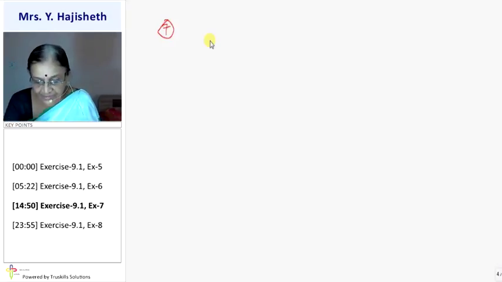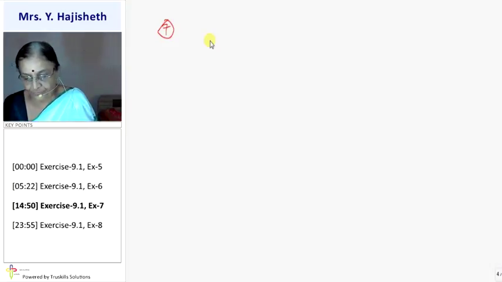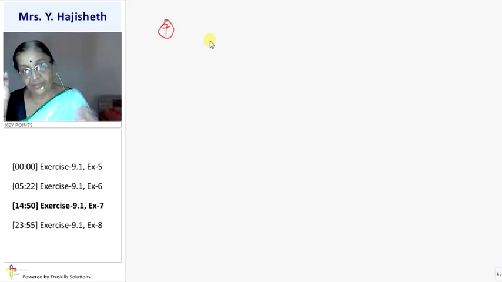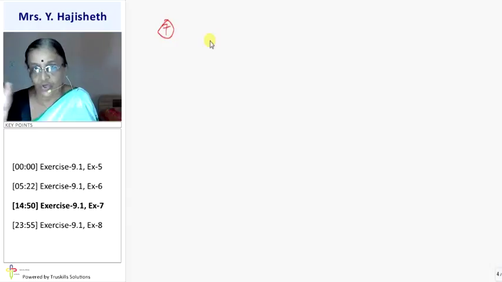Here in this sum you are given one building of height 20 meter, and on that building a transmission tower is to be fixed. The height of the transmission tower is not known, but the height of the building is known.